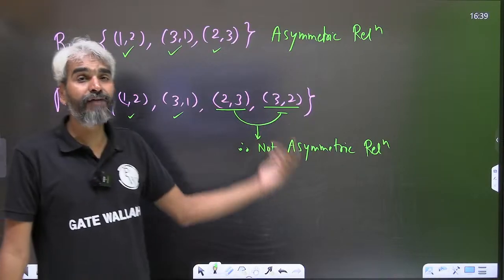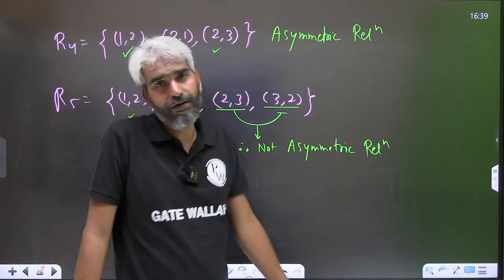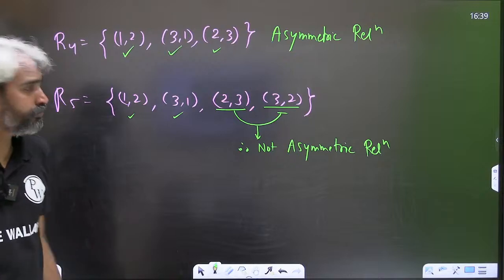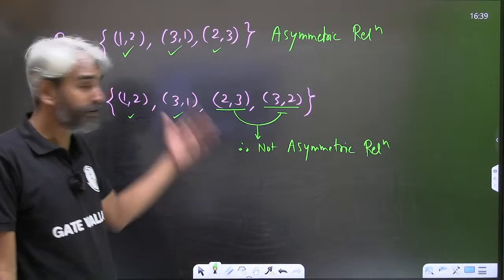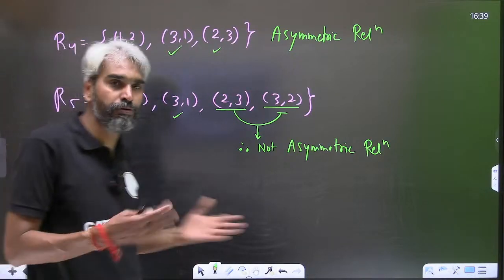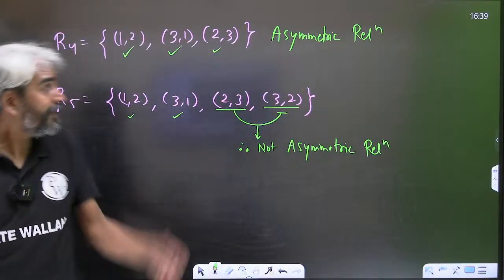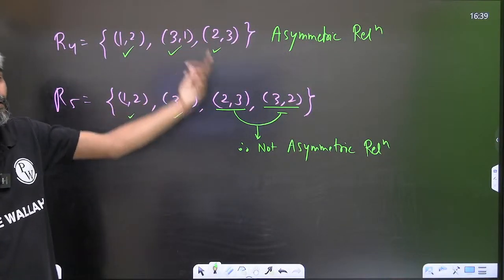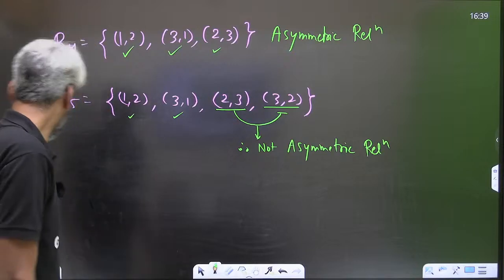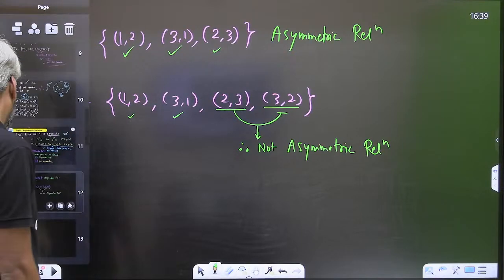If x, y and y, x both are present, then it will not be an asymmetric relation. If any of the diagonal ordered pair is present, boom, it will not be an asymmetric relation. But there are some relations which may be asymmetric. Anyway, there are many other things, but that's okay.